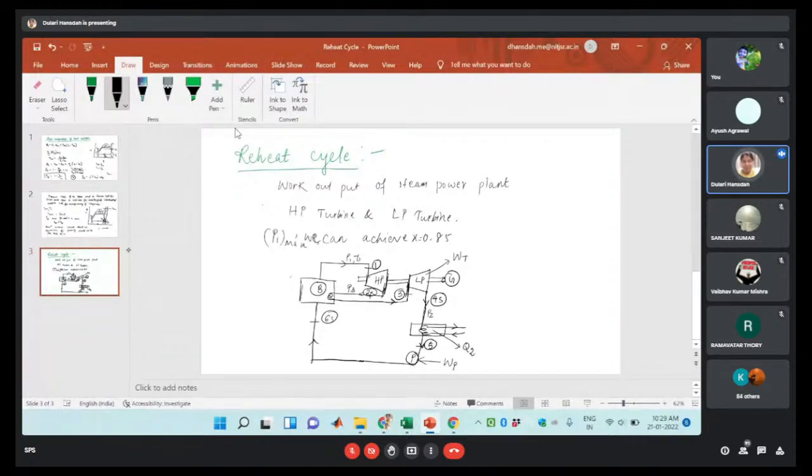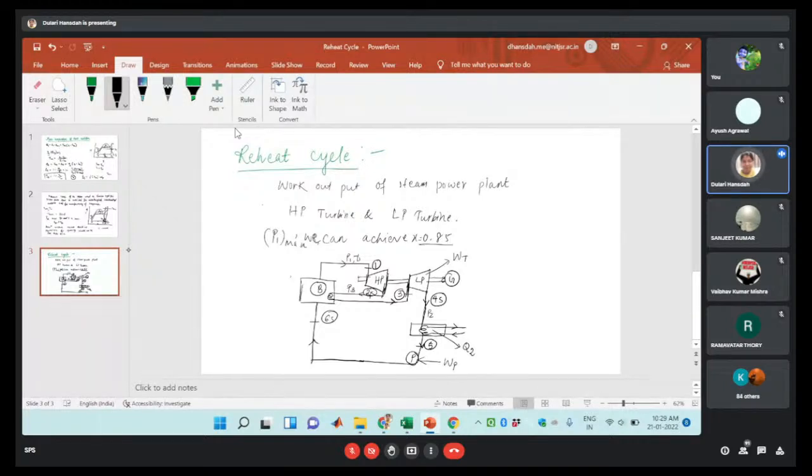The quality of the steam will lie above this value. And here also we can use the maximum pressure so that the heat addition will be maximum. Okay, so that we can get the maximum efficiency of the cycle.